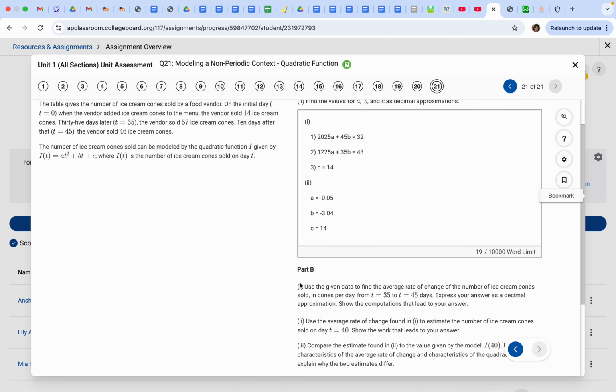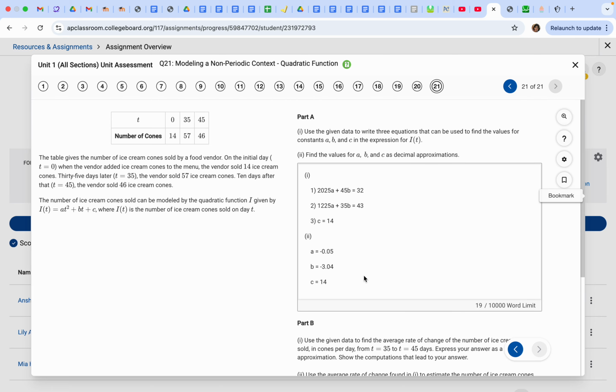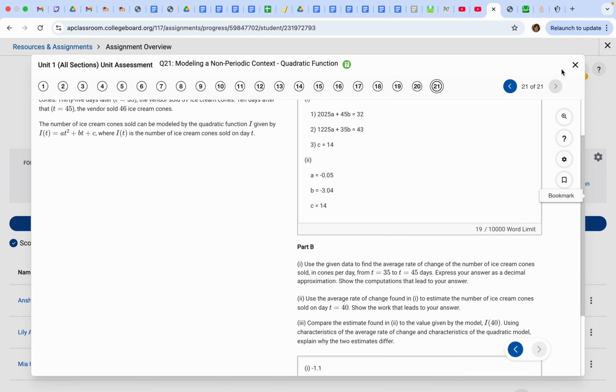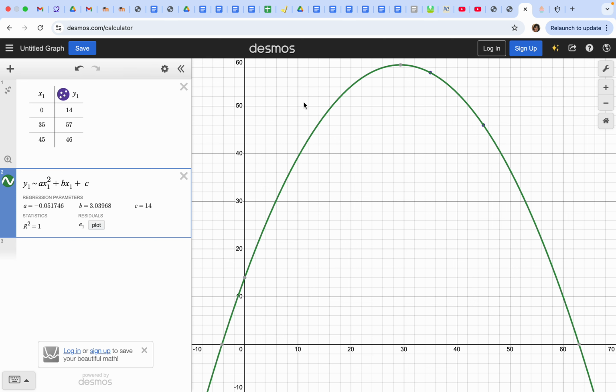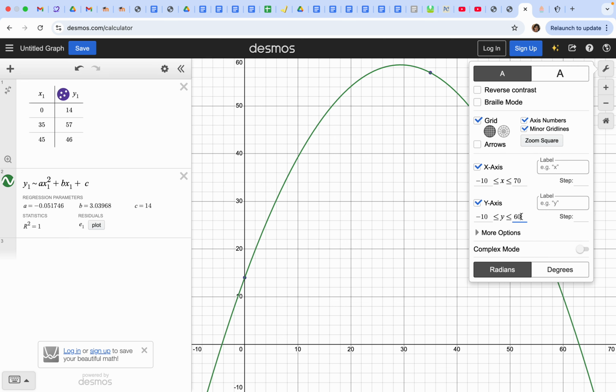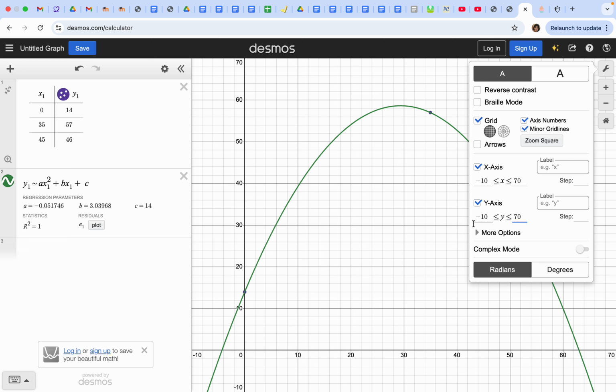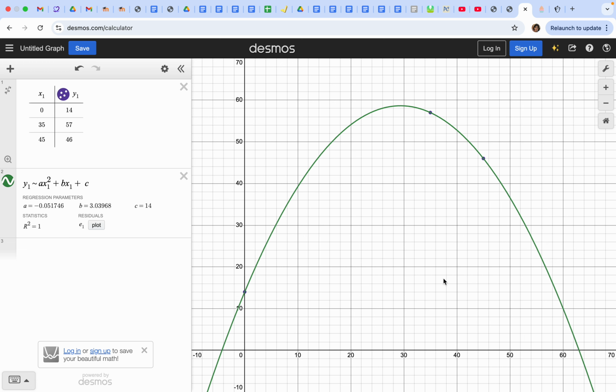All right, now for part B, we need to really think about what they're asking us to do. And the picture again helps us a lot because they're asking us to find, I actually want this to go up just a little bit higher, maybe 70 there. That's a little bit better. So the rate of change is going to be this secant line, right?